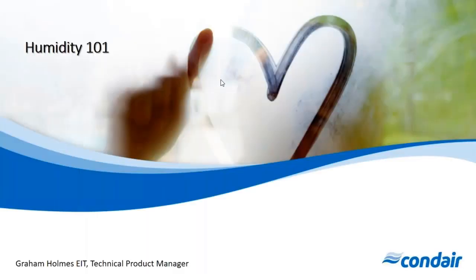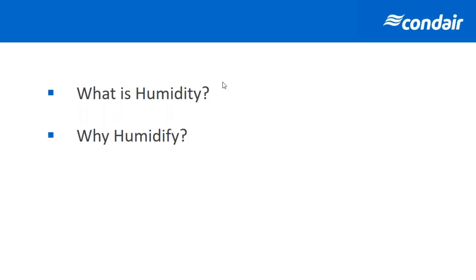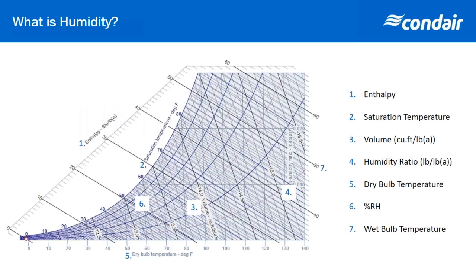So to start with Humidity 101, I'd like to go over what is humidity and why we humidify. So I'm sure many of you have seen the psychrometric chart. If you haven't, it is one of the most intimidating graphs to look at out there, but it is extremely easy to work through once you know what to look at. The graph contains many different parameters.